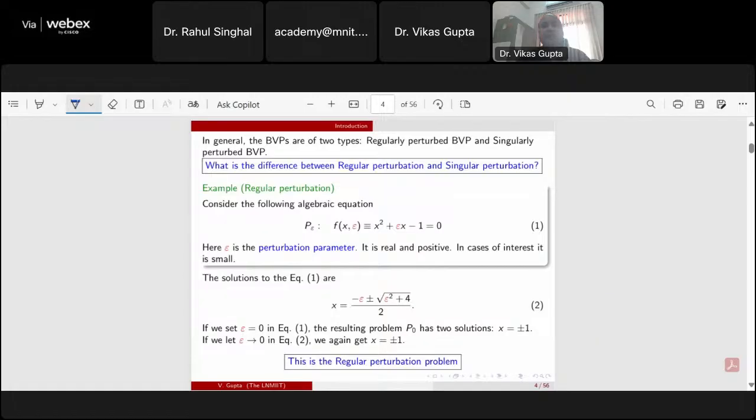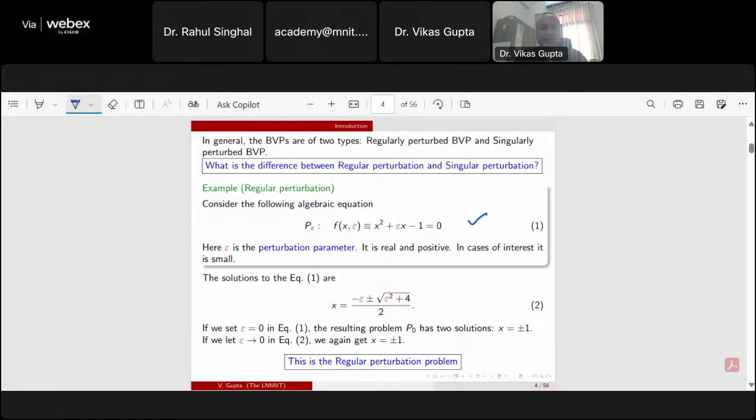To distinguish what is regular perturbation and what is singular perturbation, consider a simple algebraic equation defined by this function P epsilon: x squared plus epsilon x minus 1 equals 0, where epsilon is known as a small perturbation parameter.